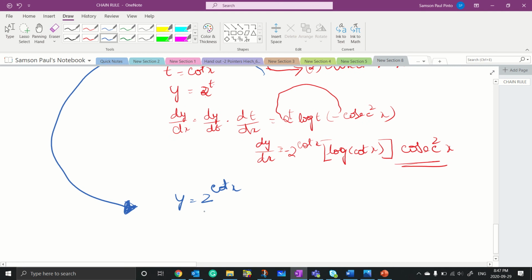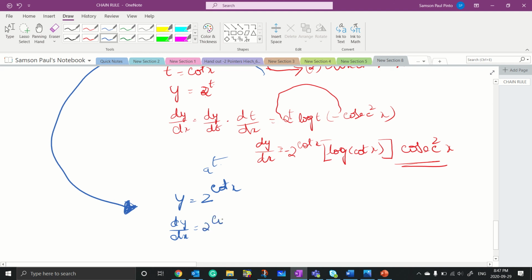Directly, you think about the outermost function, which is a power x. So all you have to do is directly do dy by dx, and think in your mind that there is no 2 power cot x, you just have a power x. Actually it is a power t. In your mind you just think that the outermost function is a power t, and you directly differentiate and apply the formula.